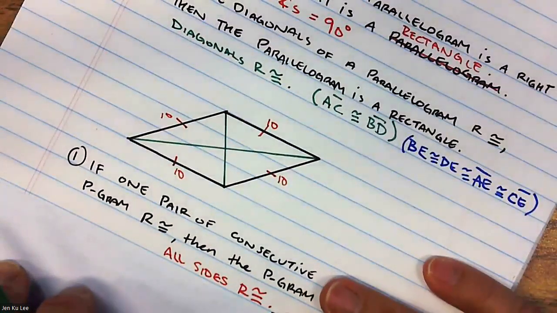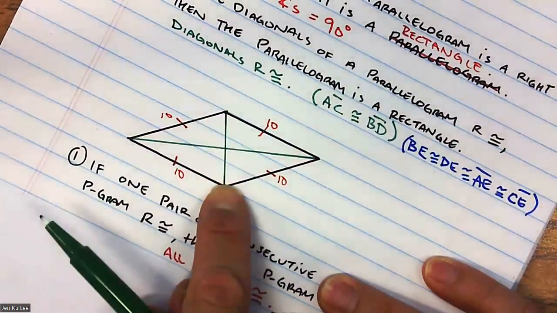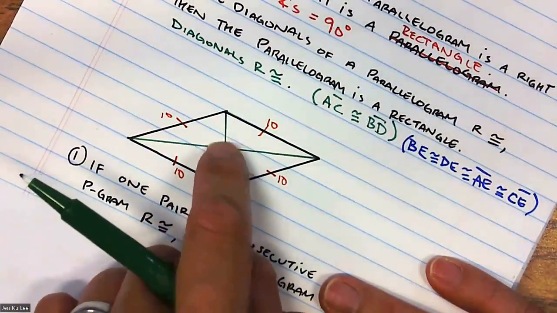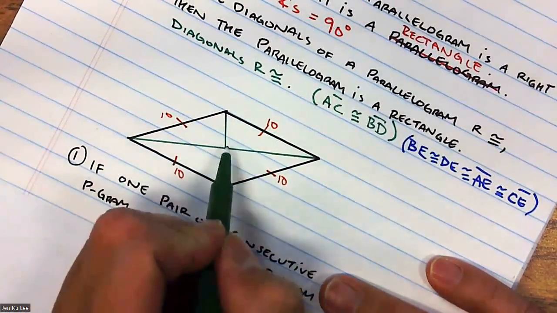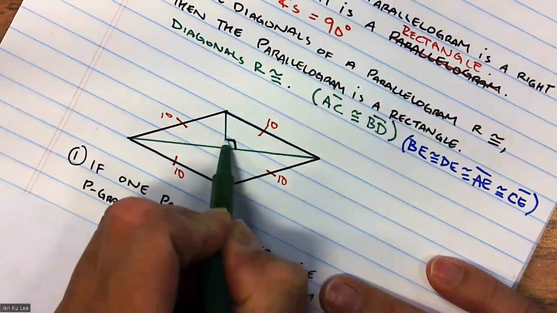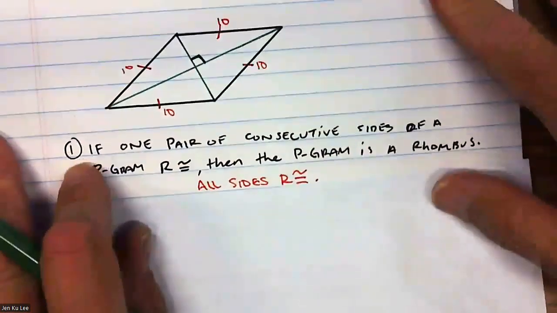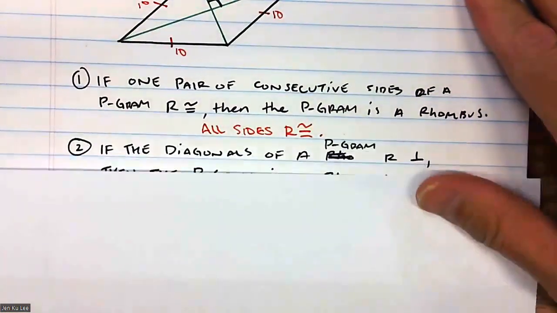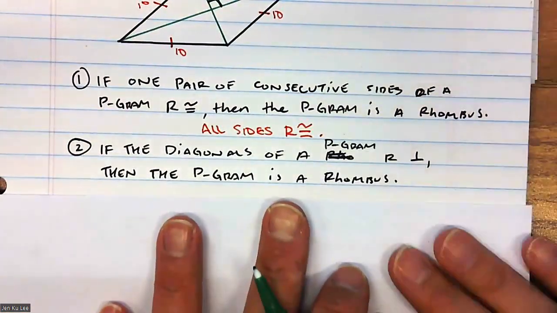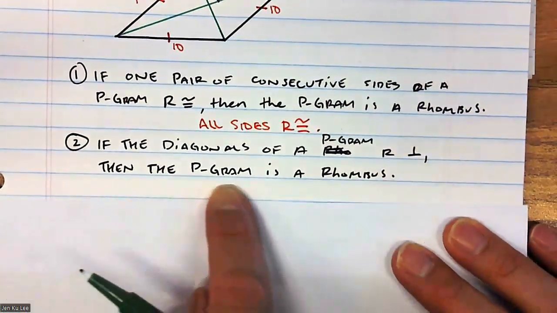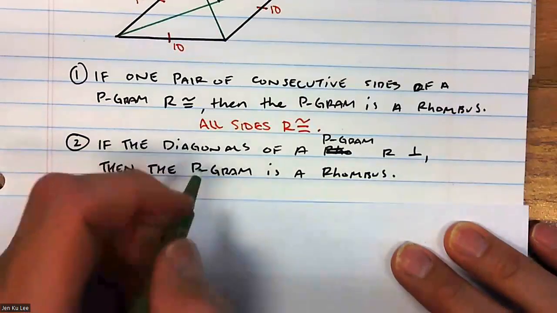If I look at it like this, class, what do you guys think this angle is? 90 degrees. Yeah. The diagonals will always be perpendicular. So if the diagonals of a p-gram are perpendicular, remember this notation is perpendicular, then the p-gram is a rhombus.